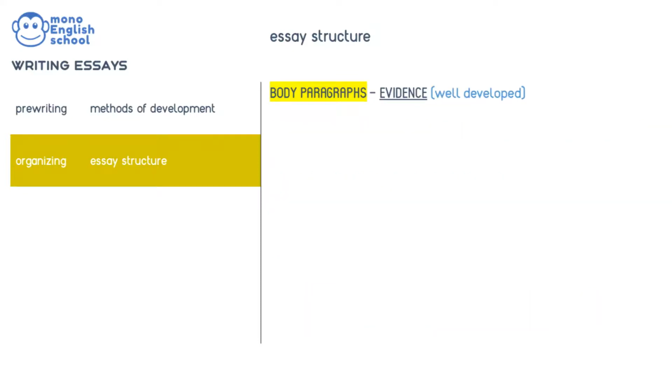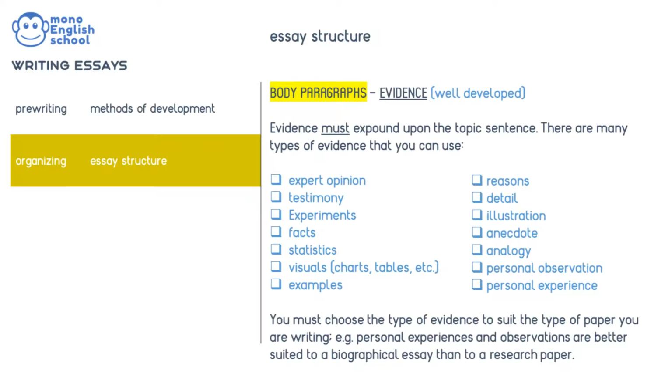Next, we have the evidence, which, along with commentary, helps to ensure that the paragraph is well developed. The evidence must help to explain or develop the topic sentence.